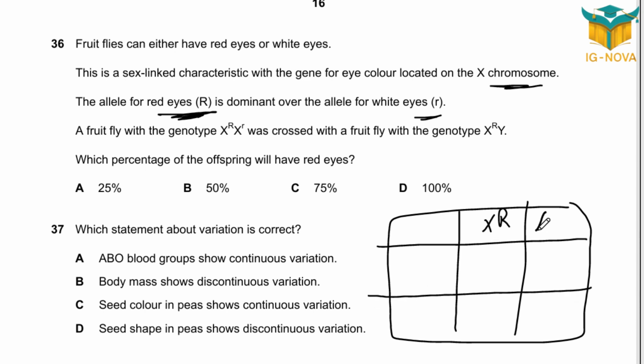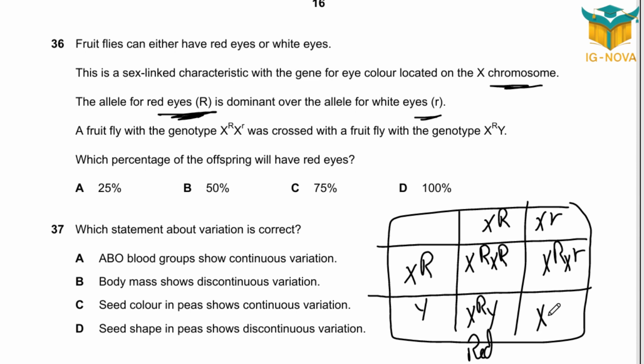XR capital, XR small, crossed with XR capital Y. XR capital, XR capital, normal female or red color female. XR capital Y, red, so both are red. XR capital, XR small, red as well. XR small Y, so 3 red ratio 1 white. So what's the question? Red eye 75%.